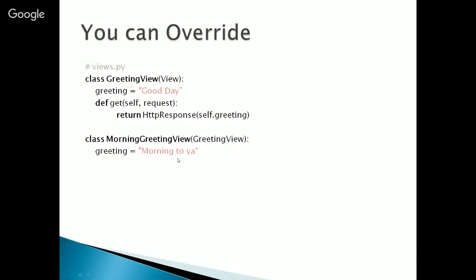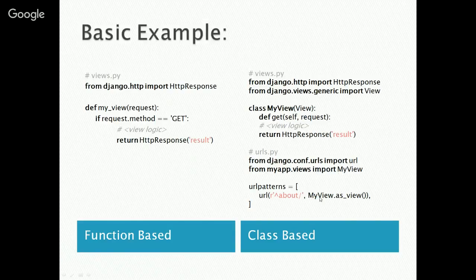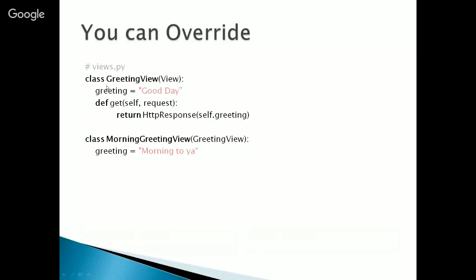And then in the URL, if you said greeting view as view, you get this message. If you said morning greeting view as view, you would get this message. Okay? So that's just a basic example of overriding it.